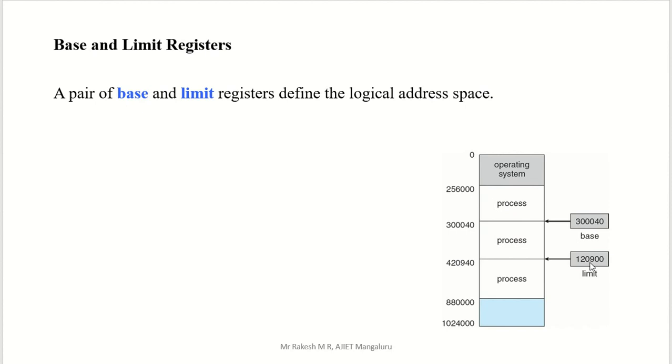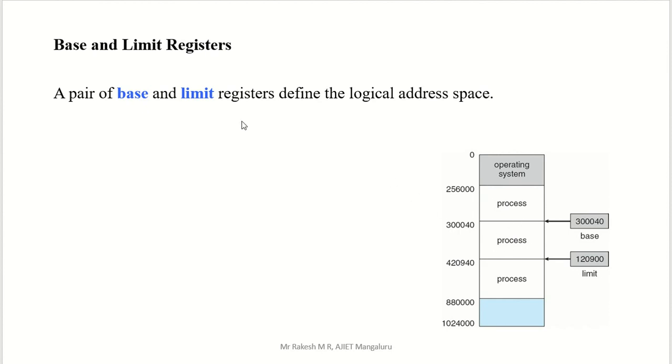That is 120900. Base represents the starting address, and the total length of that particular block represents the limit. Totally, base and limit represent that entire block area of memory.